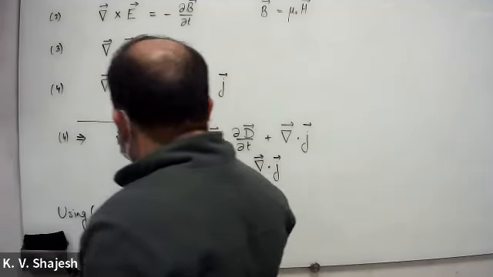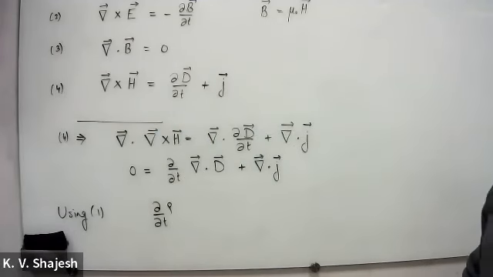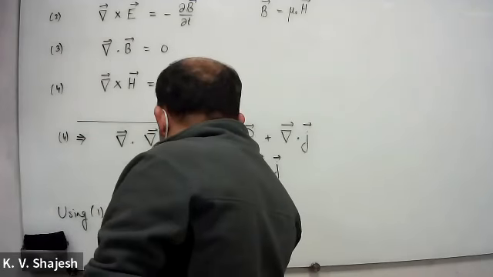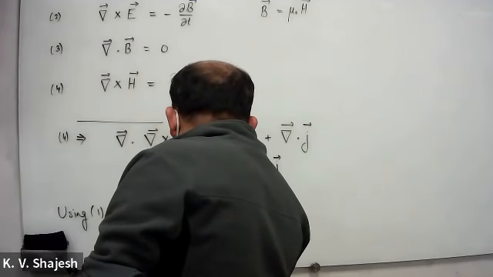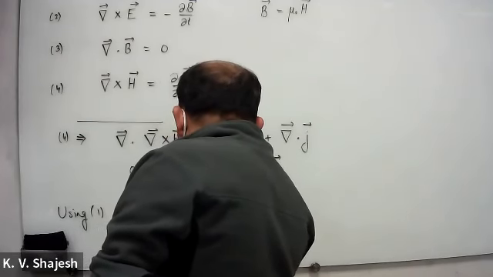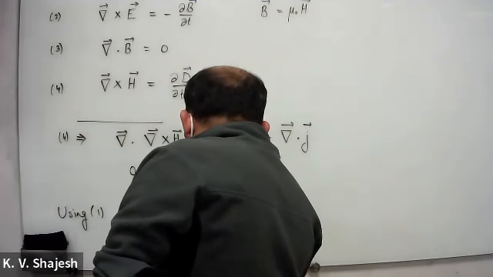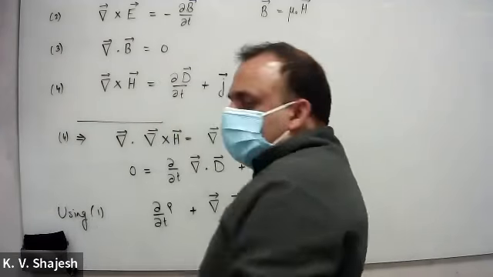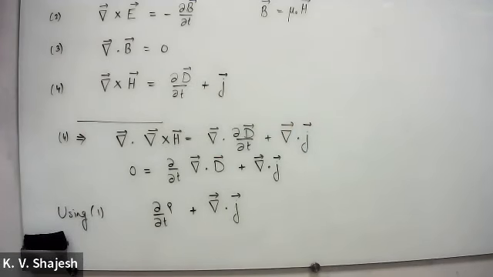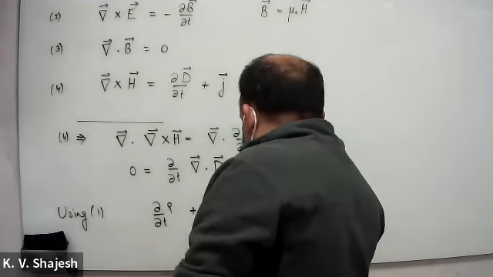of charge density plus the divergence of the current density, that's equal to 0.